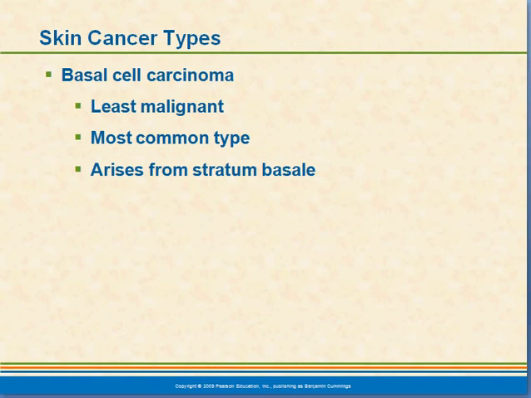We see it all the time. It is the most common type. We see this on the noses of old farmers. It arises from the stratum basale, and what happens here is that these cells at the stratum basale will actually die out, and you'll get this ring that is referred to as being like a rat bite lesion.